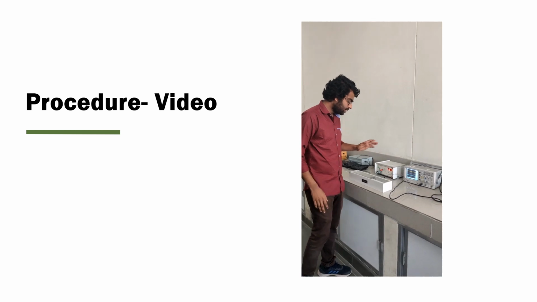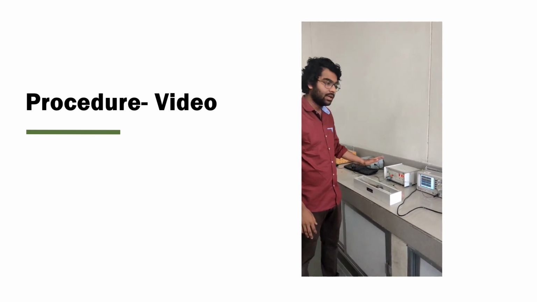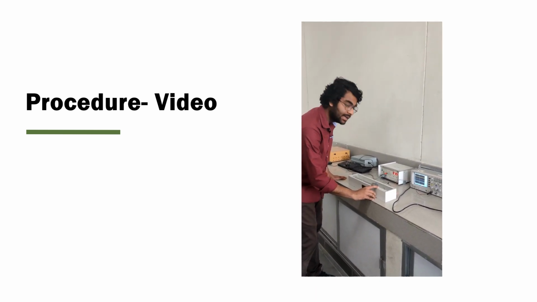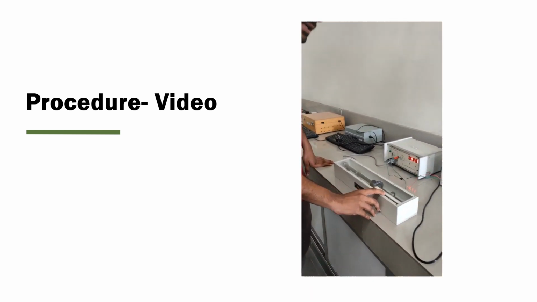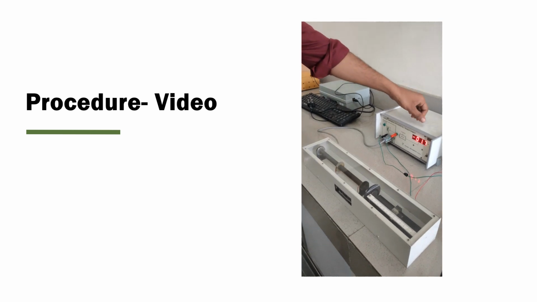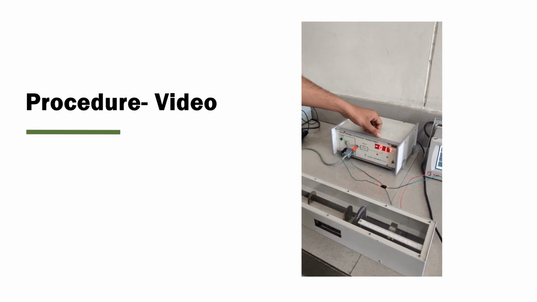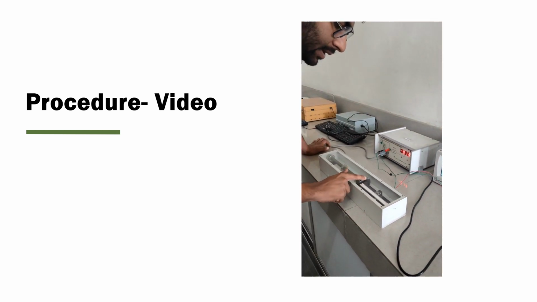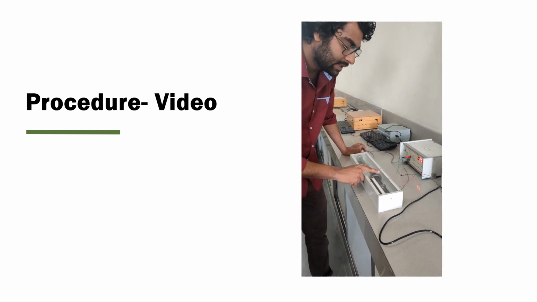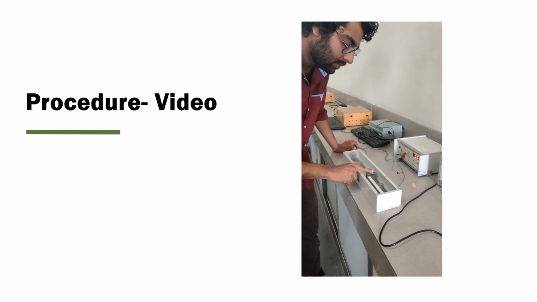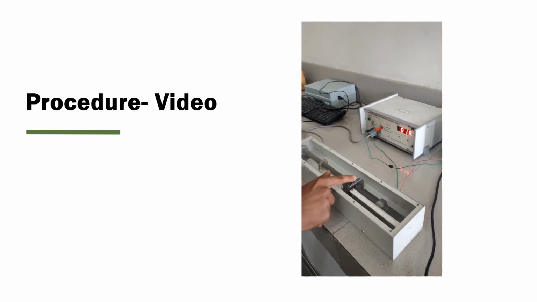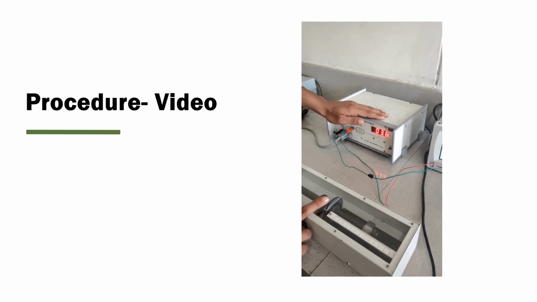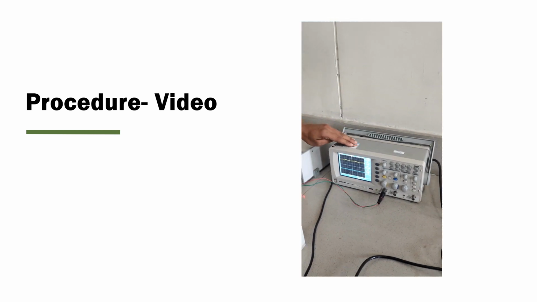So now we will look at how we take the observations for the LVDT. So you can see that here the pointer is at 0, and we are getting the corresponding potential difference, and we can see the output here as well. And now we vary this pointer by 0.5 centimeters, and you can see the corresponding readings, and you can see the fluctuations on the CRO as well.